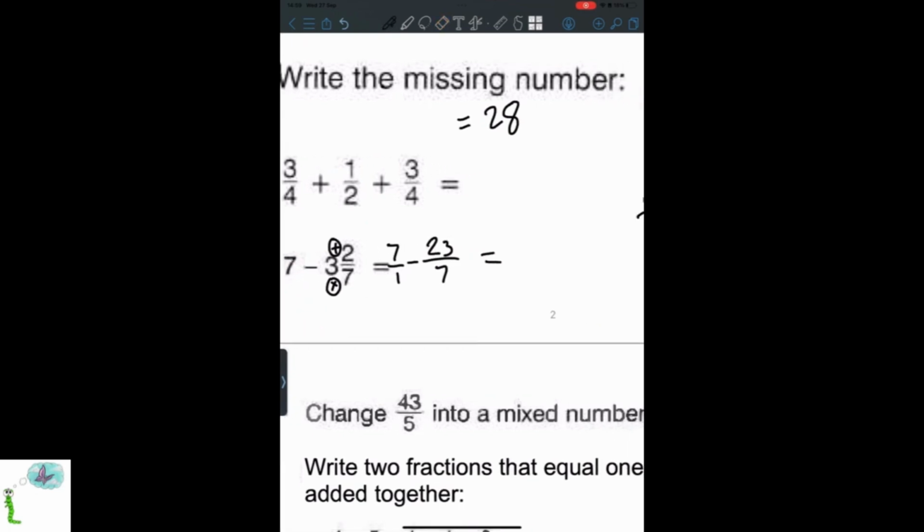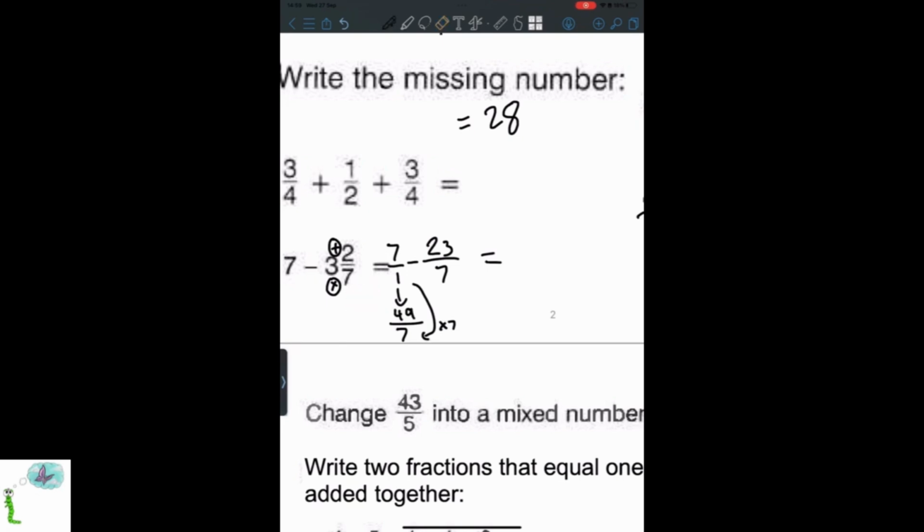Now we can't subtract or add without the denominators being the same. So let's first convert this to have the same denominator. What we did was we times by 7 to get the bottom, and we have to times by 7 to get the top. So it's going to be 49 over 7.